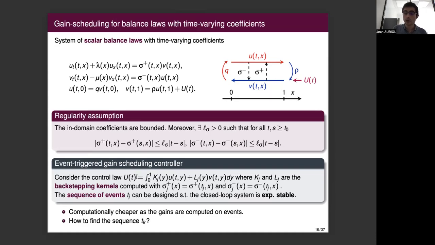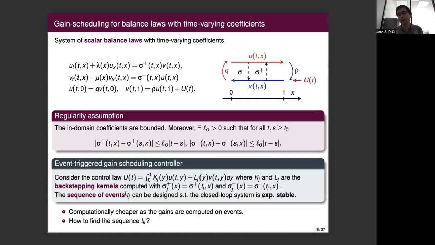So now your controller depends on time, but your gains are only computed on events. So K, G, and L_G are the backstepping kernels computed for sigma plus corresponding to sigma plus at time t_G, and the same for sigma minus. The sequence of events has been designed such that the closed-loop system is exponentially stable. So it's computationally cheaper because the gains are only computed on events.